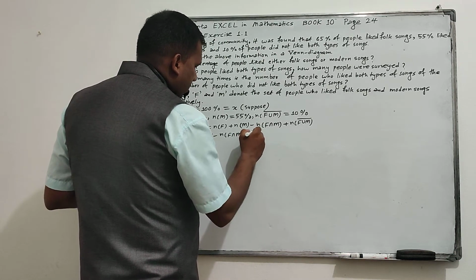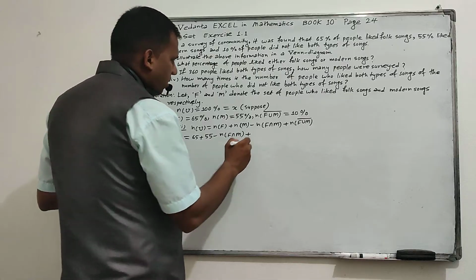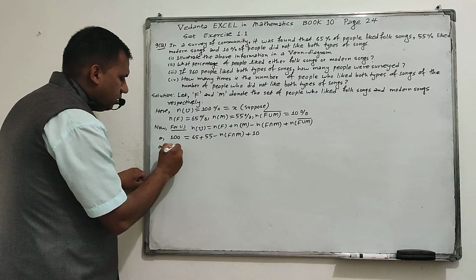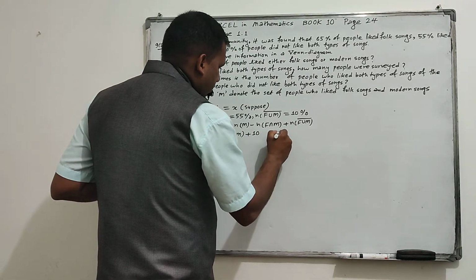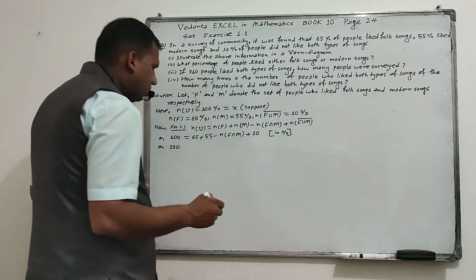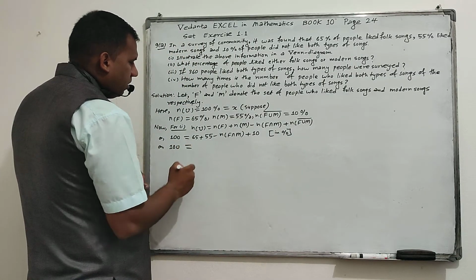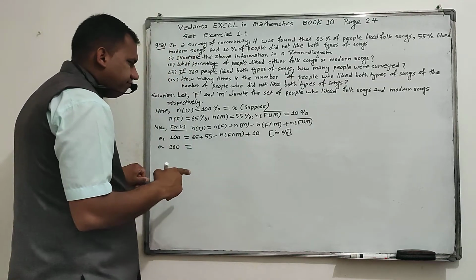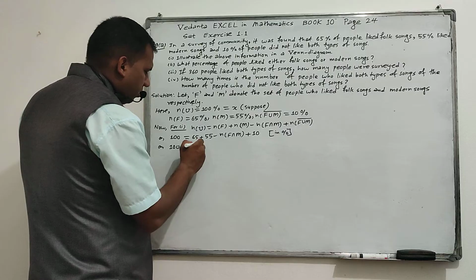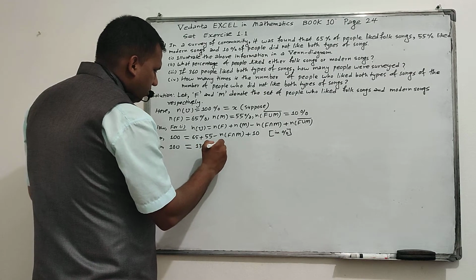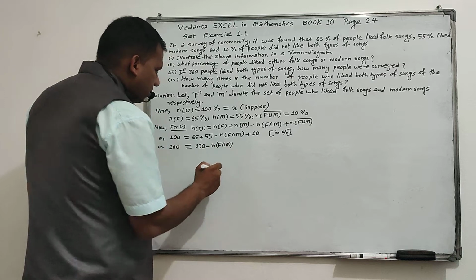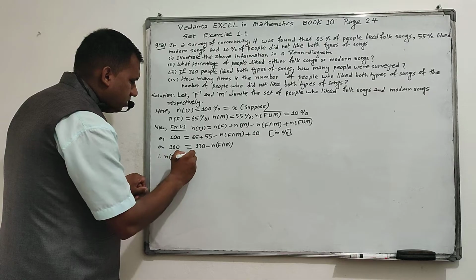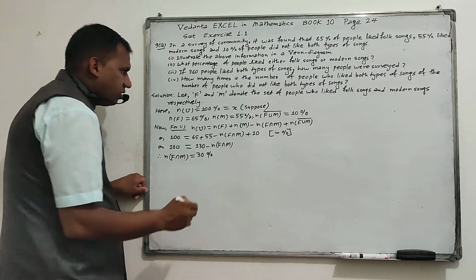All data is in percentage, so mentioned here in percentage. 100 equal to 65 plus 55 plus 10, that is 130, minus number of F intersection M. Therefore, number of F intersection M is 30%.